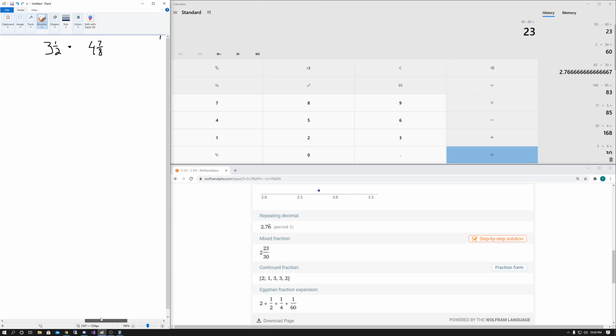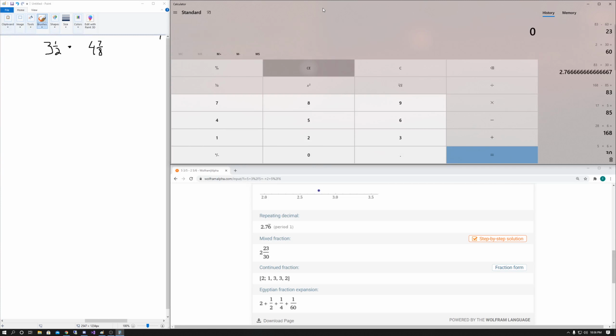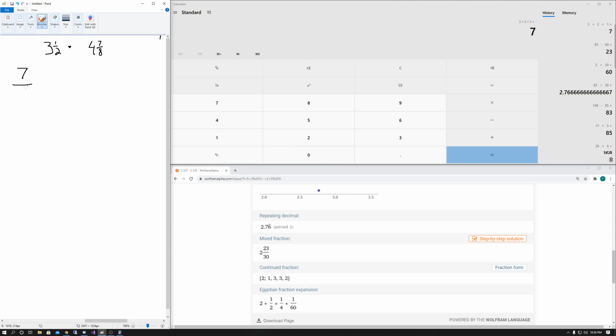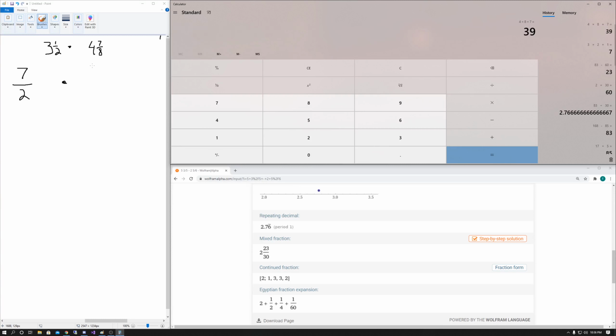Now multiplication is really easy, but first we have to, again, turn it into an improper fraction. So 3 times 2 plus 1, which gives us 7 over 2. Right? We'll bring down our operator. 4 times 8 plus 7, which gives us 39.